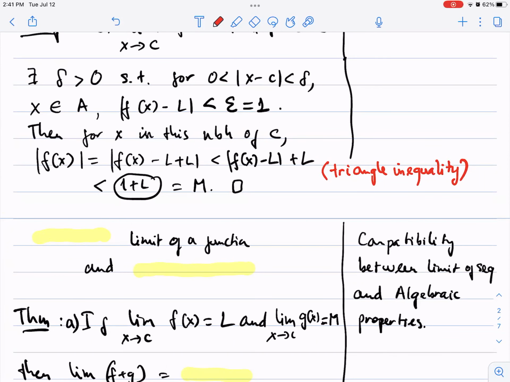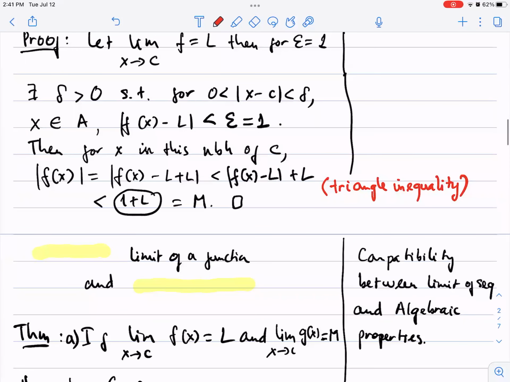So together, this expression is smaller than 1 plus |L|, and we can choose this 1 plus |L| to be the constant M, which bounds the function over this neighborhood. Really, the essence here is that this number M doesn't depend on the choice of x.